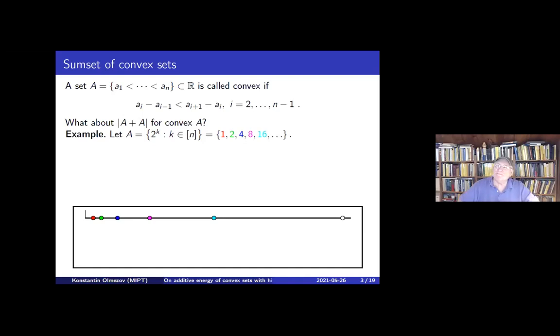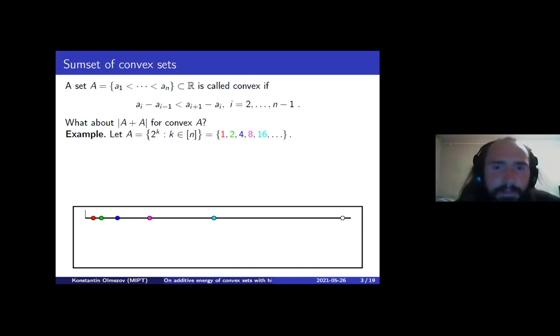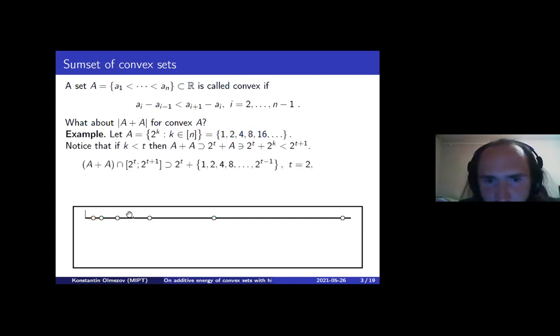Okay, I can continue. We consider as an example a geometric progression, and we have extremely fast growth of consecutive differences here. And we can say that such a set contains shifts of a prefix of the progression.